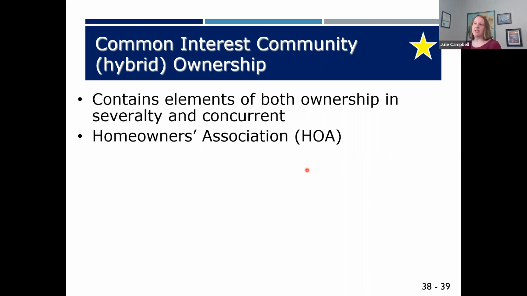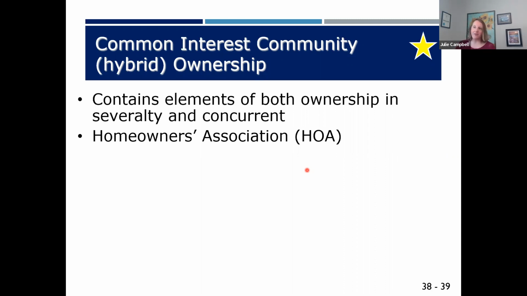Why don't you guys tell me in the chat, when I say common area, what do you think of? Everybody goes there first, especially in September. Pool, sidewalks, playground, parks, landscaping, gym, parking lot.